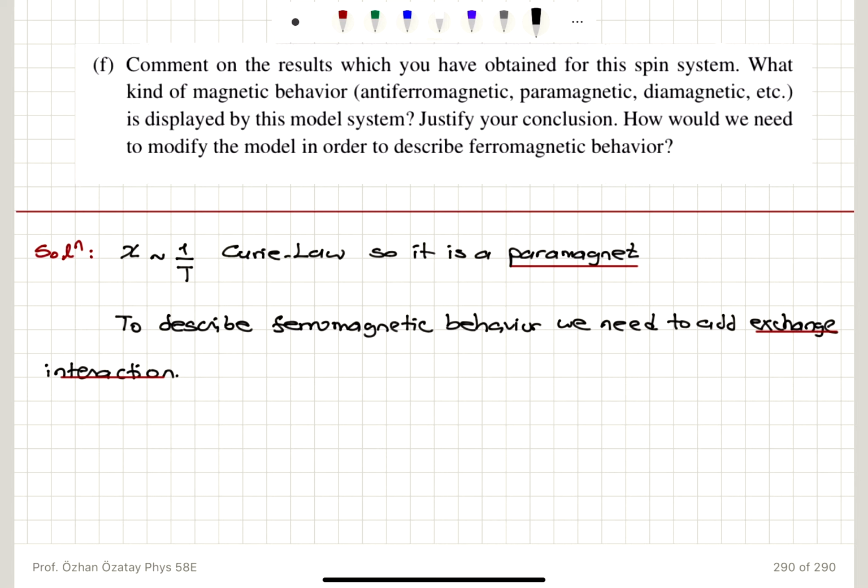That is to say, it's the molecular field, which is gamma times magnetization, as we see in the behavior of ferromagnets.